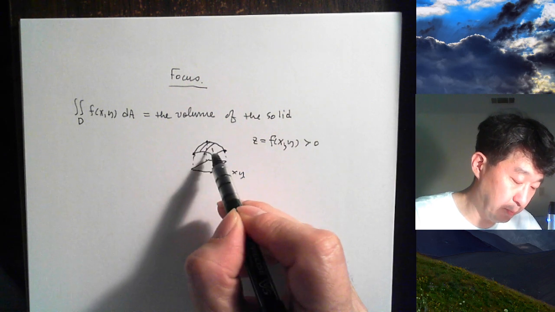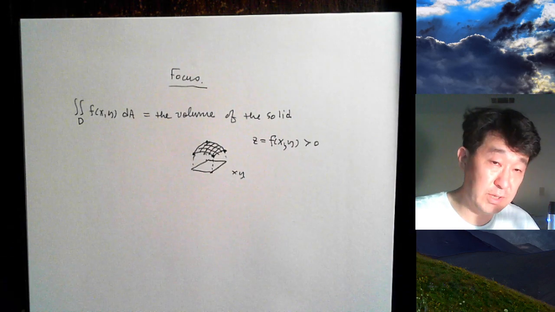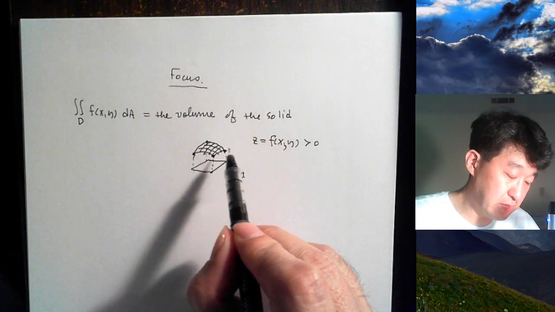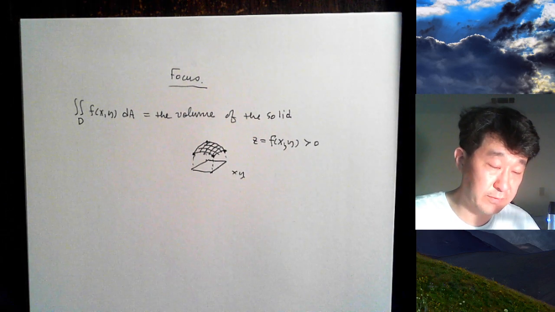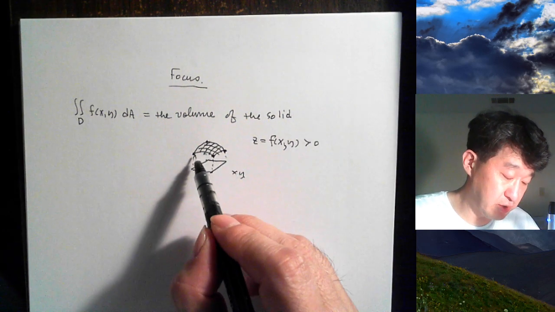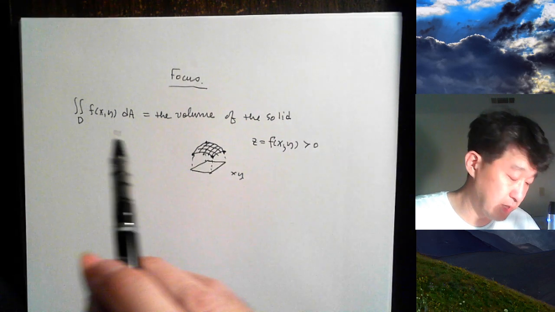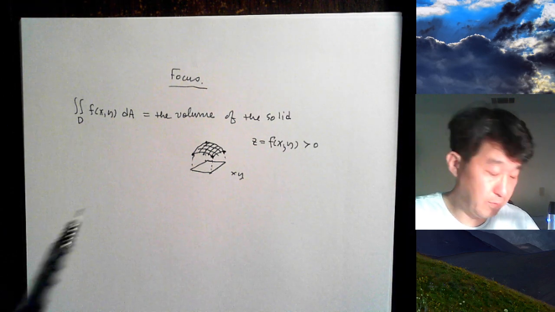I'm going to use this grid line to create a little 3D effect. So you can see this is a graph of z equals f of x, y, if you have a two-variable function. And then under it, it generates this solid. So you can look at this whole thing as a solid. This whole notation is supposed to represent the volume of this thing.